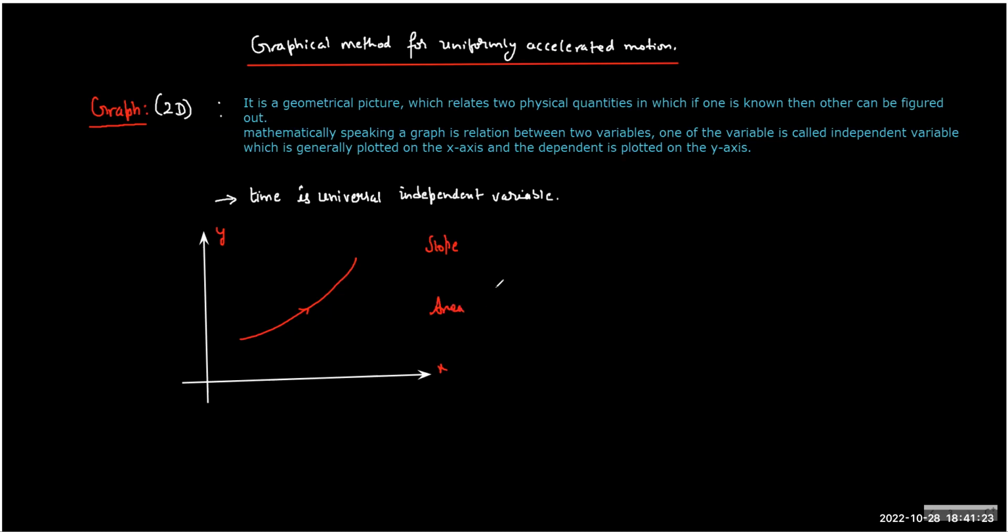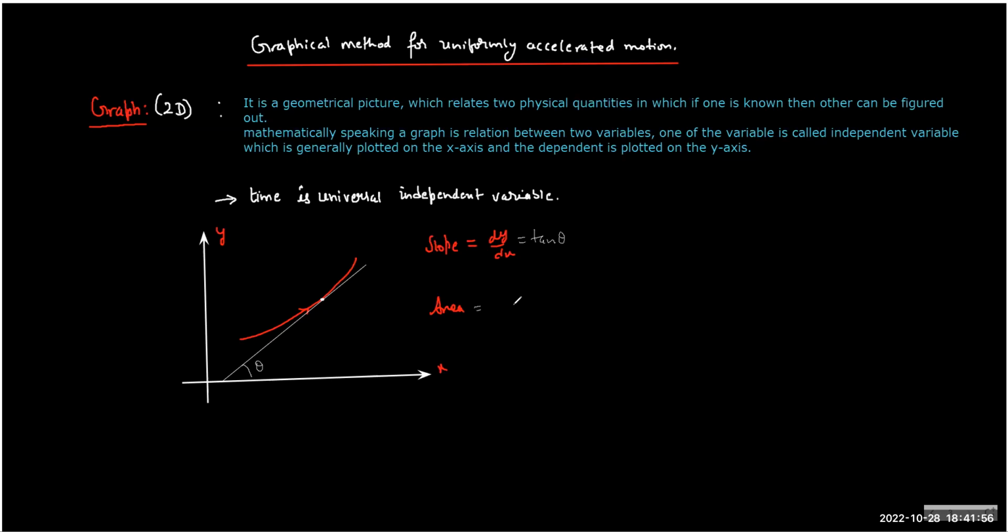Only these two elements we need to understand or decode. Slope we know from calculus, it is dy by dx. And slope we define for one particular point or coordinate. So you draw a tangent to the graph, and the slope means the angle this tangent makes with the positive x-axis. I hope you remember.